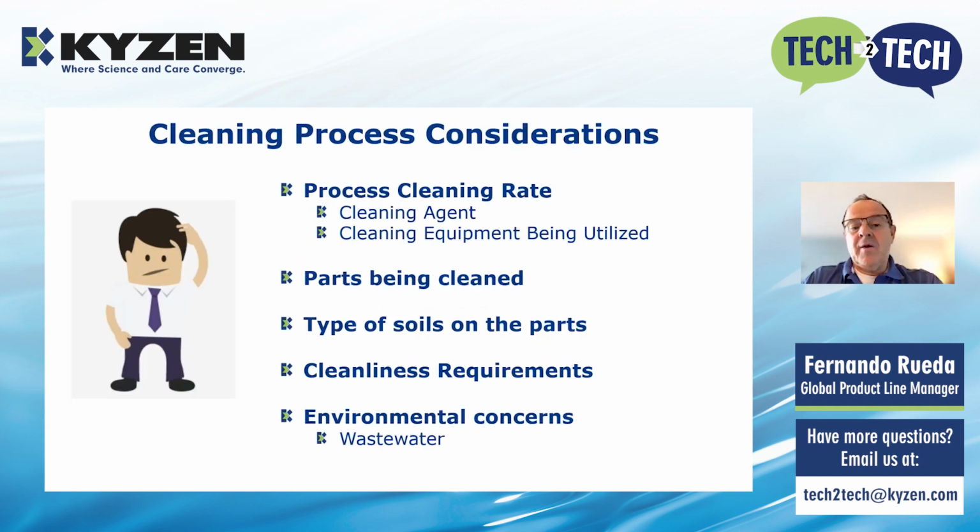So we're going to review the different points, including the process cleaning rate, which includes the cleaning agent and the equipment being used, parts being cleaned, types of soils, different cleaning requirements, and different environmental concerns that include wastewater.